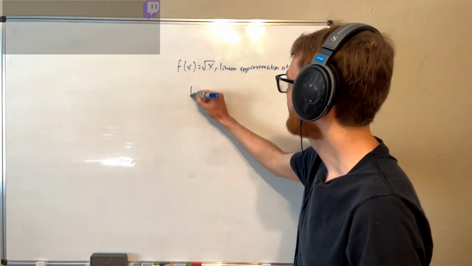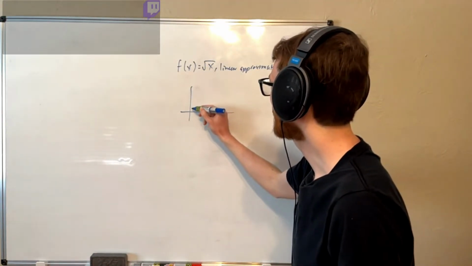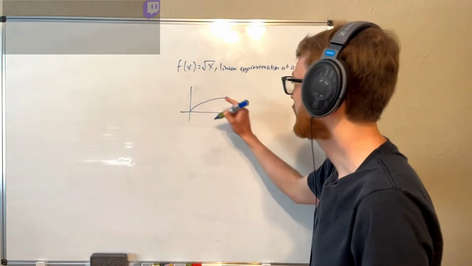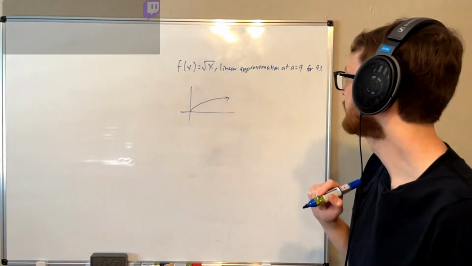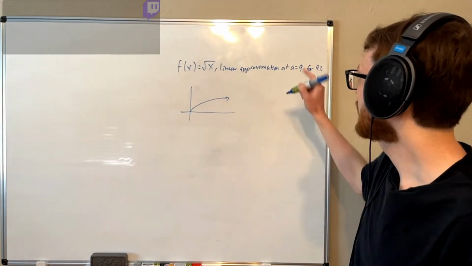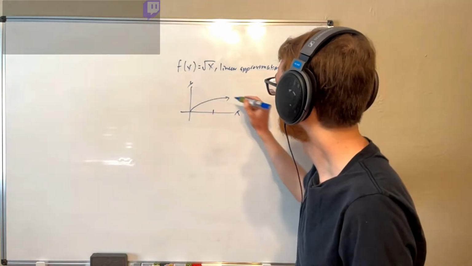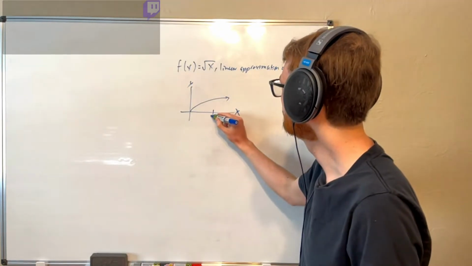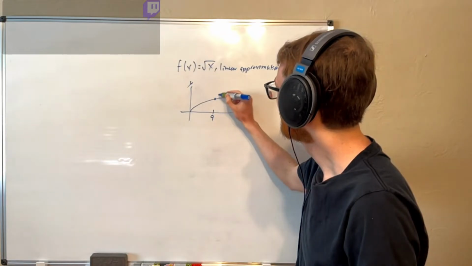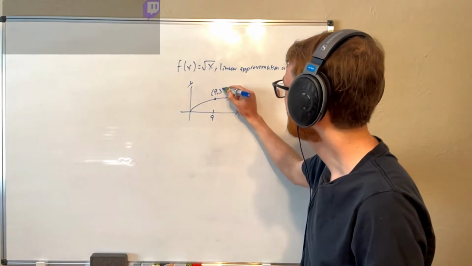So I'm going to draw the graph of square root of x. It's a parabola facing sideways, and I'm only doing the upper half. So at a equals 9, we have the point 9 comma 3.